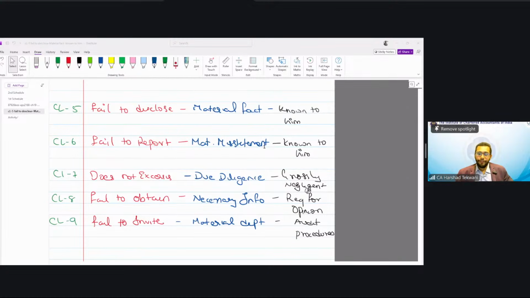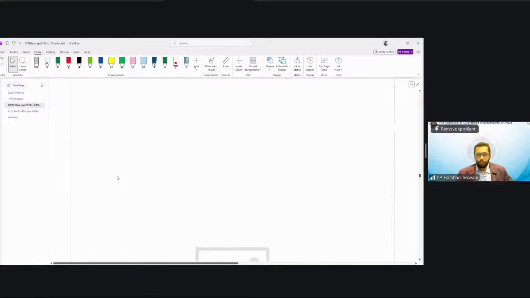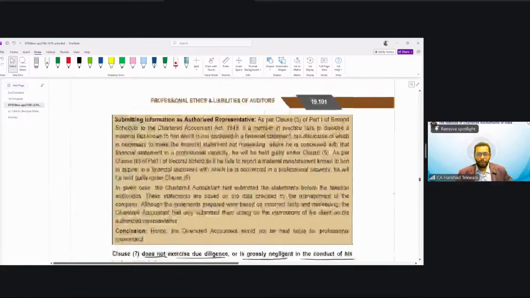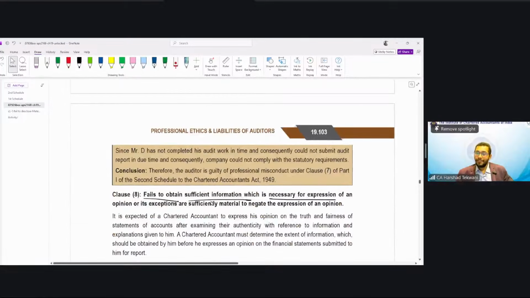Clause 8, fail to obtain necessary information required for the opinion. Now let's read the clause appropriately: fails to obtain sufficient information which is necessary for expression of opinion, or its exceptions are sufficiently material to negate the expression of opinion.